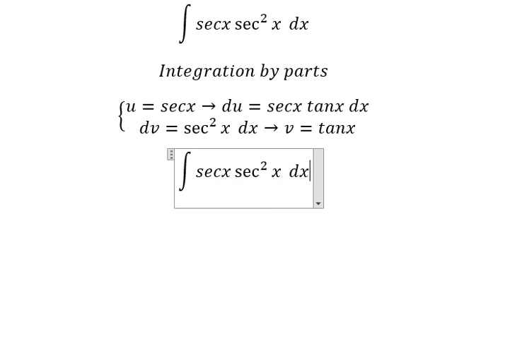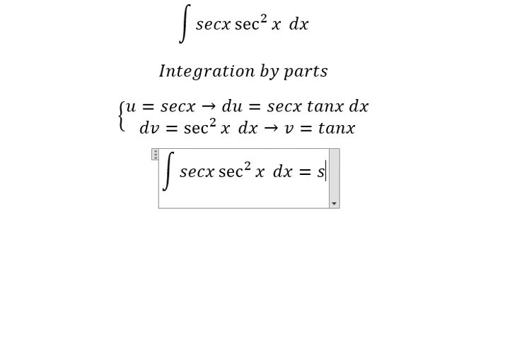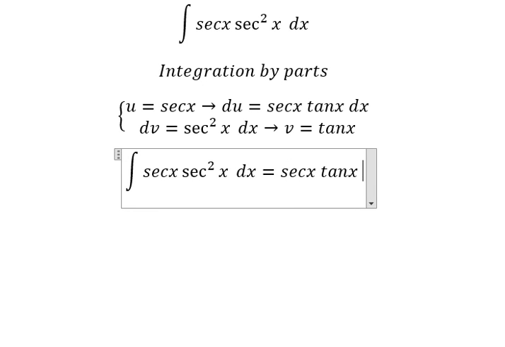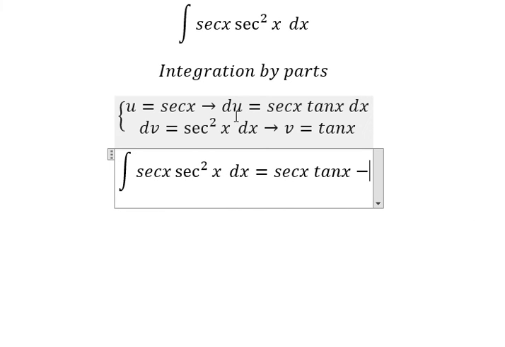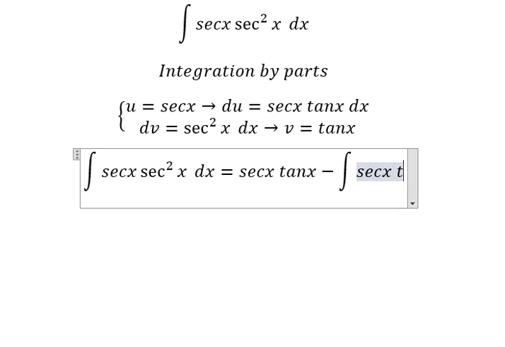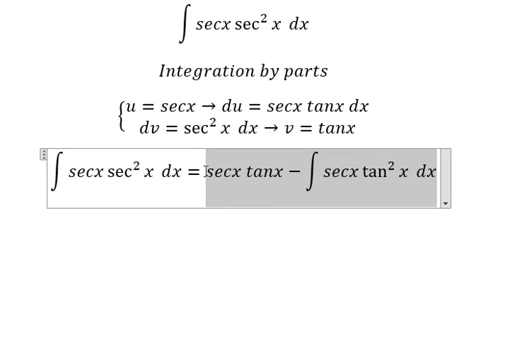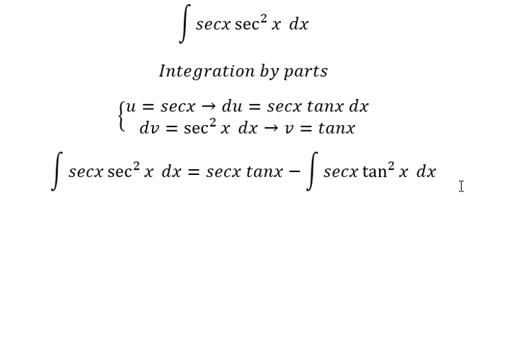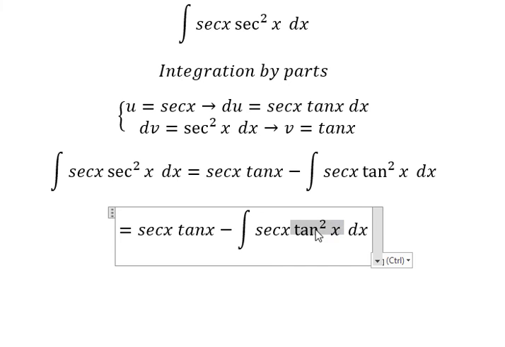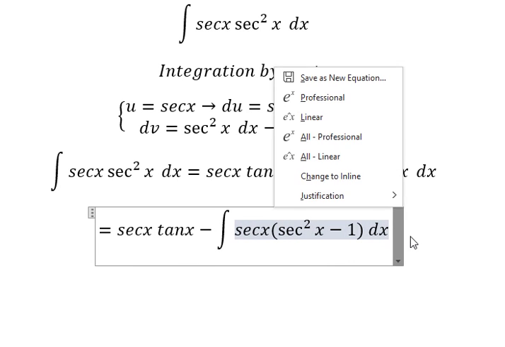Next, we have u multiplied by v, so we have secant of s tan s minus the integration of v du, so we have the integration of secant of s tan s squared ds. Next, tan s squared, we have secant of s squared minus 1.